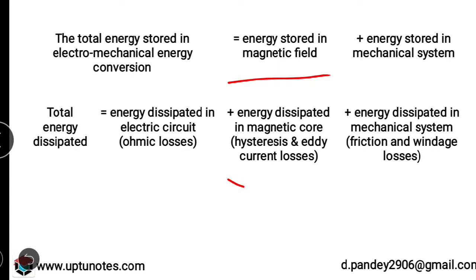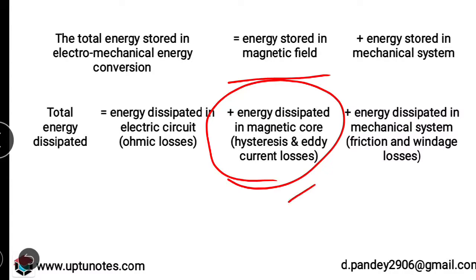Next are the hysteresis and eddy current losses, which we have studied. The last are the mechanical system losses, which are basically friction and windage losses occurring due to the presence of mechanical components.